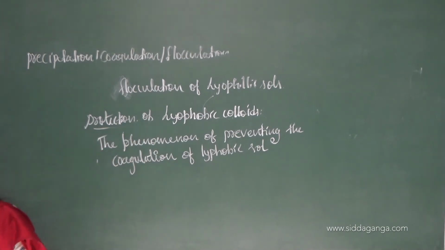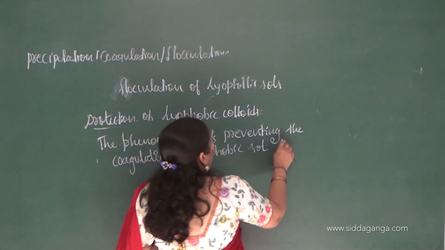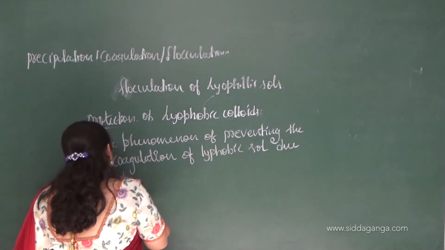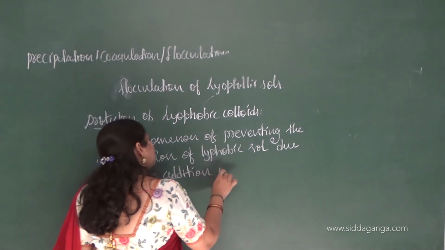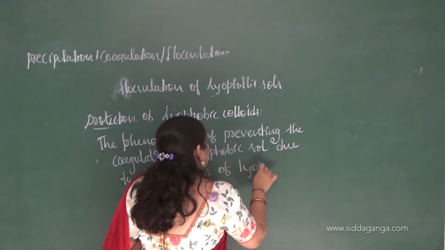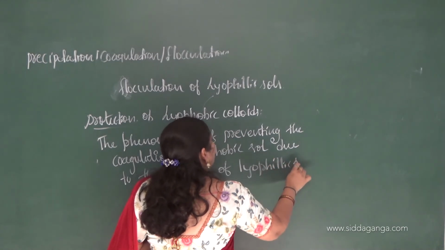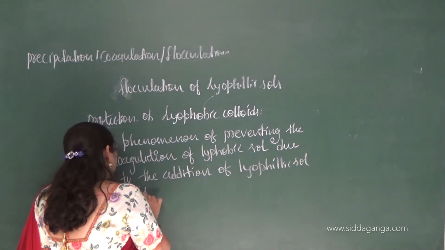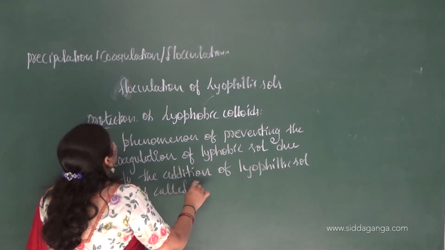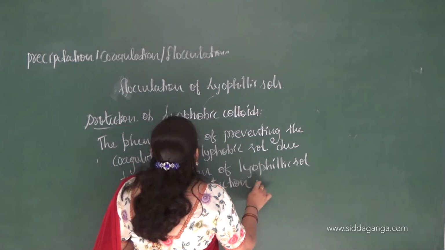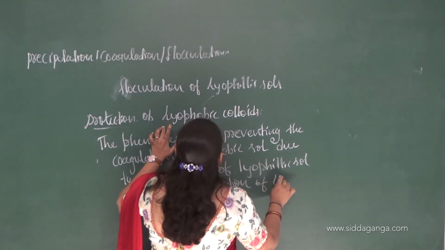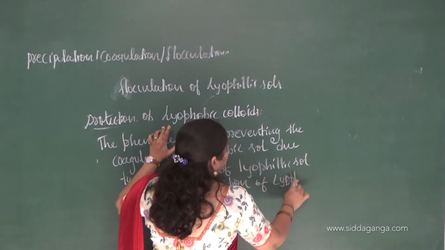The phenomenon of preventing the precipitation, or you can say coagulation, of a lyophobic sol due to the addition of a lyophilic sol is called what? Protection of lyophobic sol.